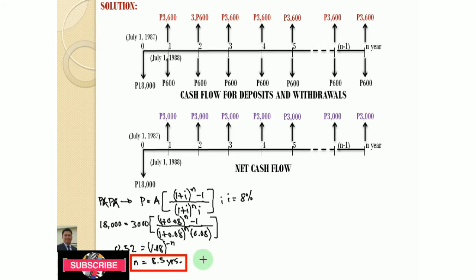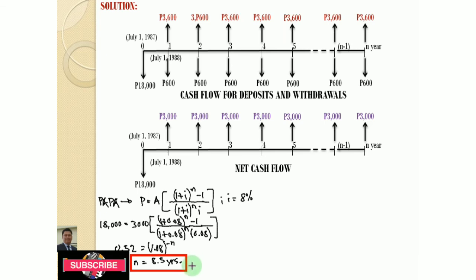So for 8 years and 6 months, the fund is expected to end. Maybe if there is some excess amount of this fund, it's quite tolerable in a lesser amount.